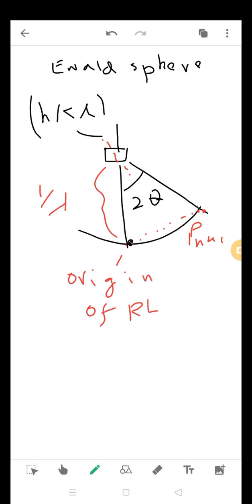Lambda is the wavelength of the electron beam, and this is the GHKL or reciprocal lattice vector. Okay, so according to the diffraction conditions, the reciprocal lattice points should be on the surface of the Ewald sphere. So this is what is happening here, and the distance between the two is the reciprocal lattice vector.